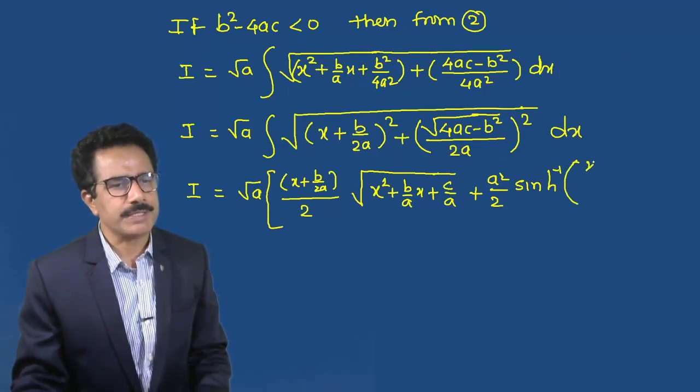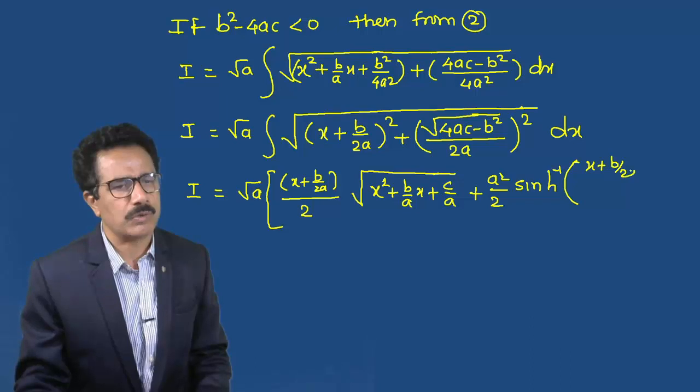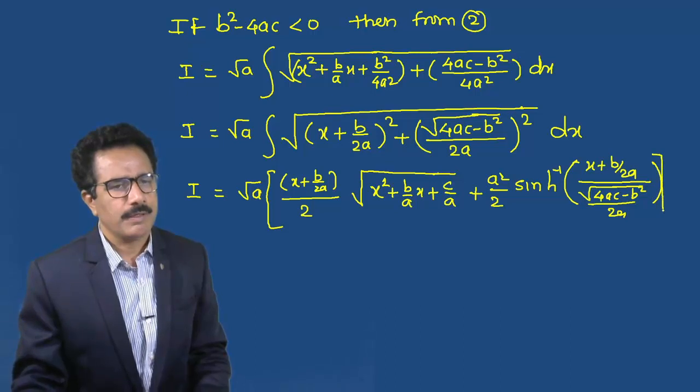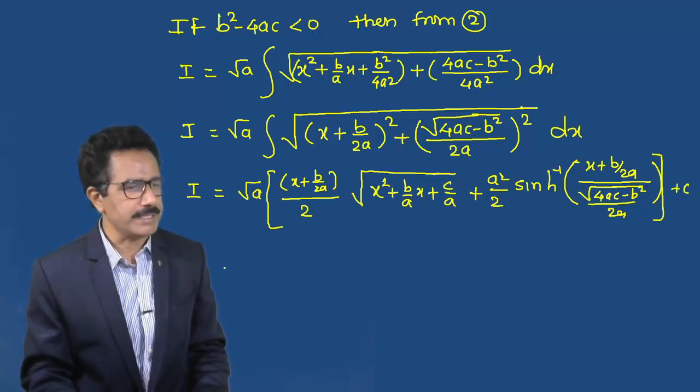X by a means x plus b upon 2a divided by a means root of 4ac minus b square divided by 2a plus constant of integration c.